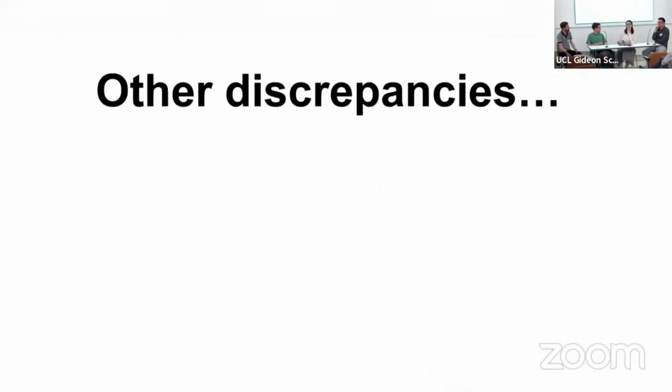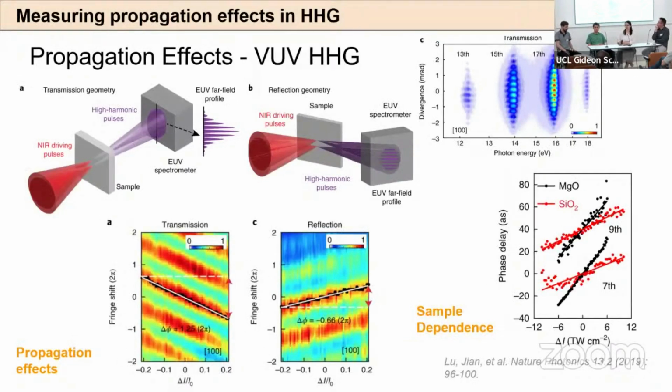So I also wanted to mention some other discrepancies that I noticed and I think are really important from the experimental point of view. Propagation effect is, I think, the big elephant in the room here. And here, a very good paper by some notable authors is presented, where they did an interferometer from the high harmonic generation by basically spatially separating two sources of HHG, and they were looking at the shift of those fringes to look at the dipole phase shift between harmonics when they change the intensity between the two pulses.